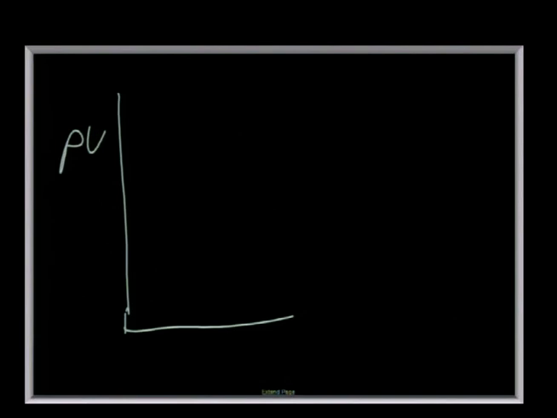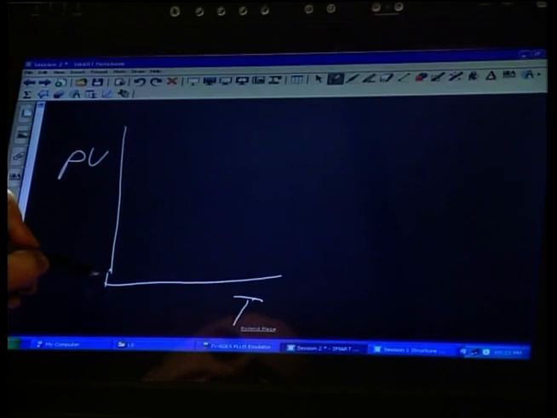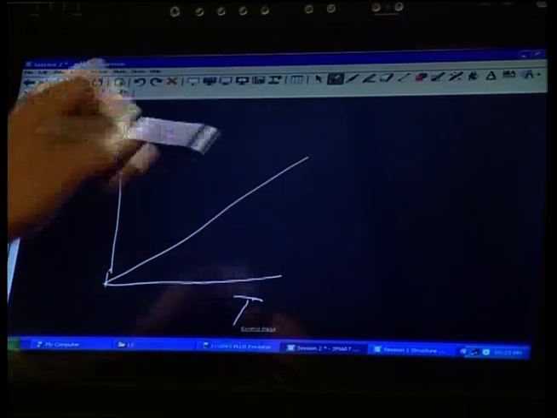What we'll find is that this is a straight line. But that straight line has a particular gradient, and that gradient is related to the amount of stuff. Remember, we said there were 4 variables: pressure, volume, temperature, and the amount of gas.